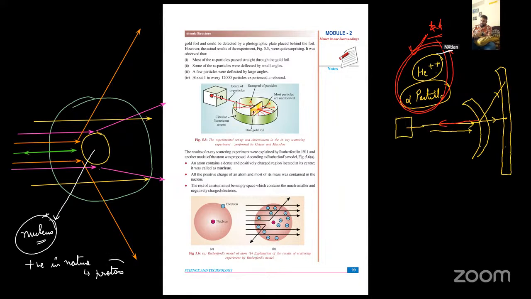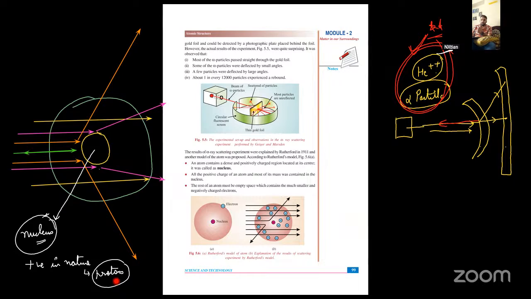That positive in nature is called protons. So he concludes that the center is called the nucleus, where all the mass of an atom is concentrated. Second thing, that the nucleus consists of positive charge called protons. Understood, guys?